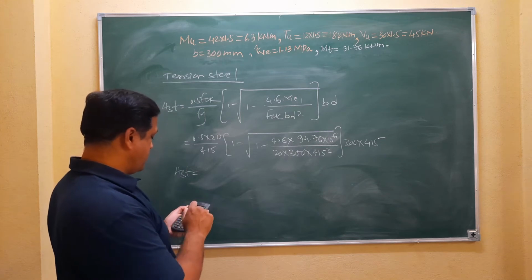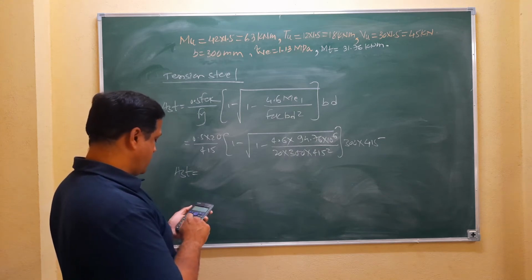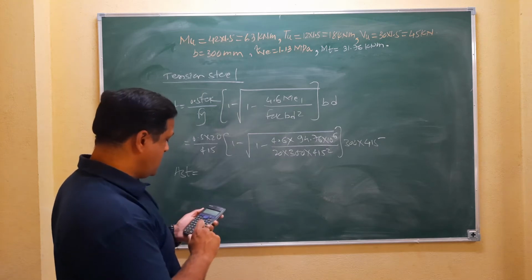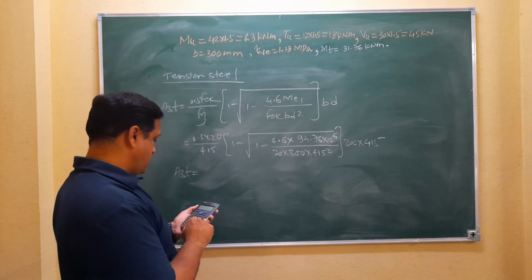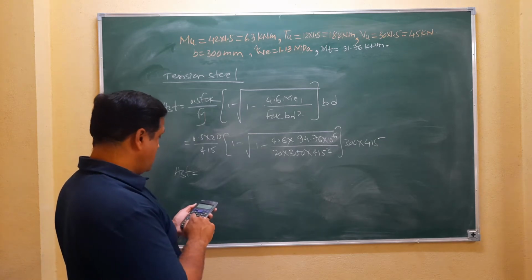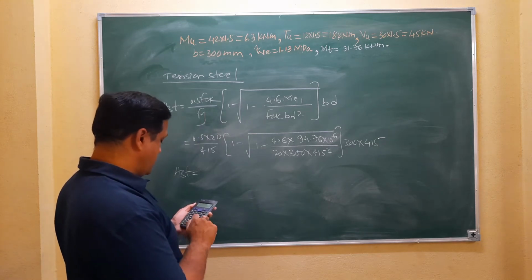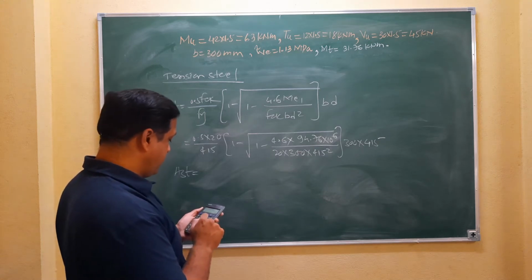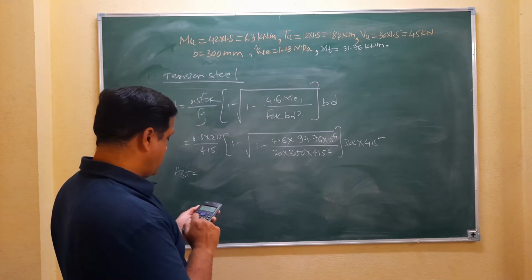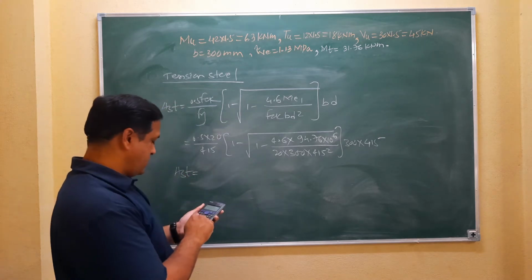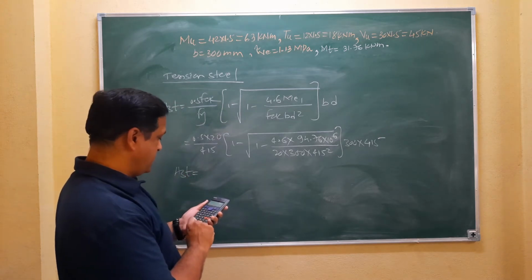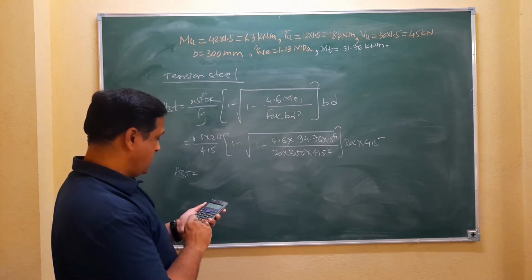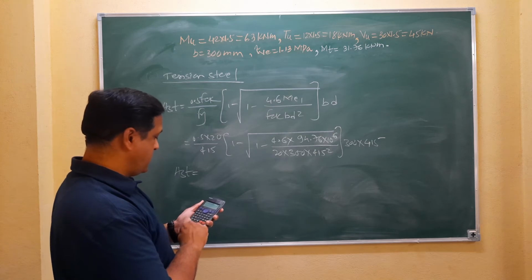Okay, I will calculate it. 0.421. 1 minus 0.421 under root of answer. It is 0.760. 1 minus 0.760 into 0.5 into 20 divided by 415 into 300 into 415. So I have to calculate again. 94.76 into 4.6 divided by 20 into 300 into 415 into 415.